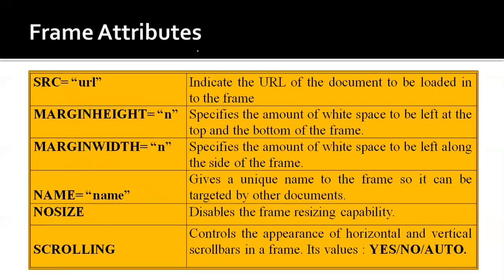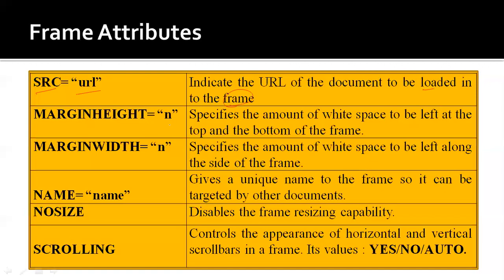Frame attributes. Inside the frame, we can write these attributes, where src is equal to URL. It indicates the URL of the document to be loaded in the frame. As we already discussed, for each region we can insert one HTML document, so we need to write src equal to the URL of that HTML document.